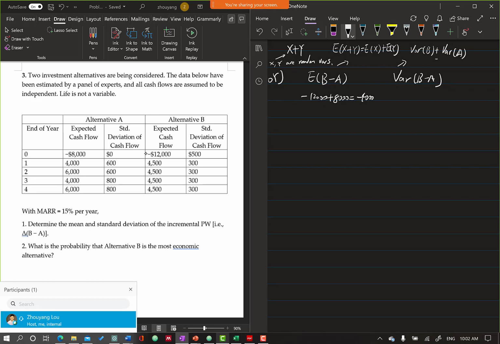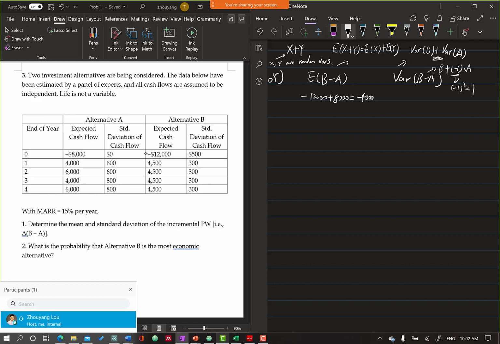So why is this a plus sign? Remember, you can understand that as B plus -1 times A, and -1 is a constant. So when we take this constant out, we do the square of that, and that's just 1.